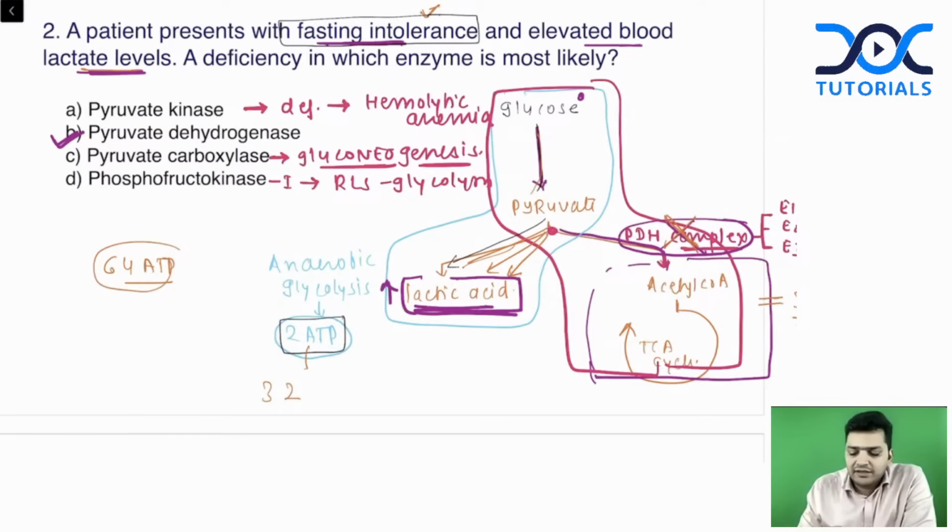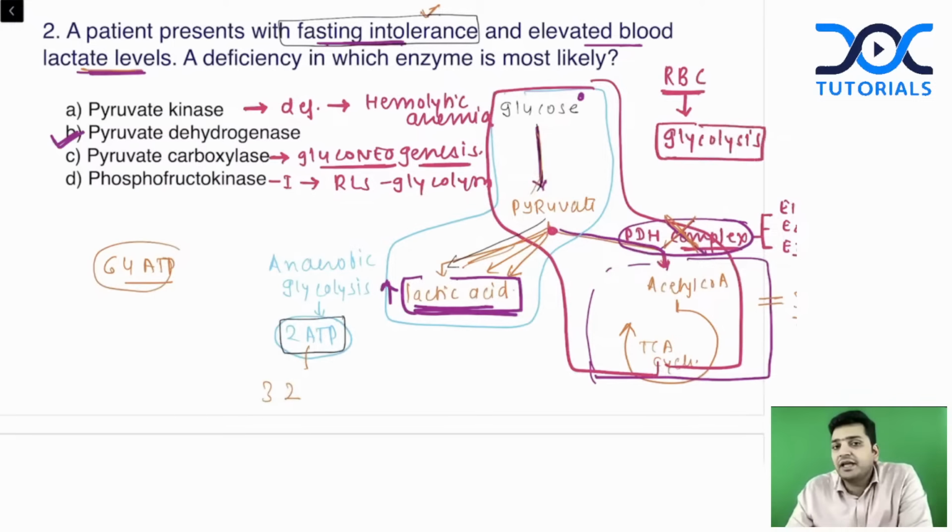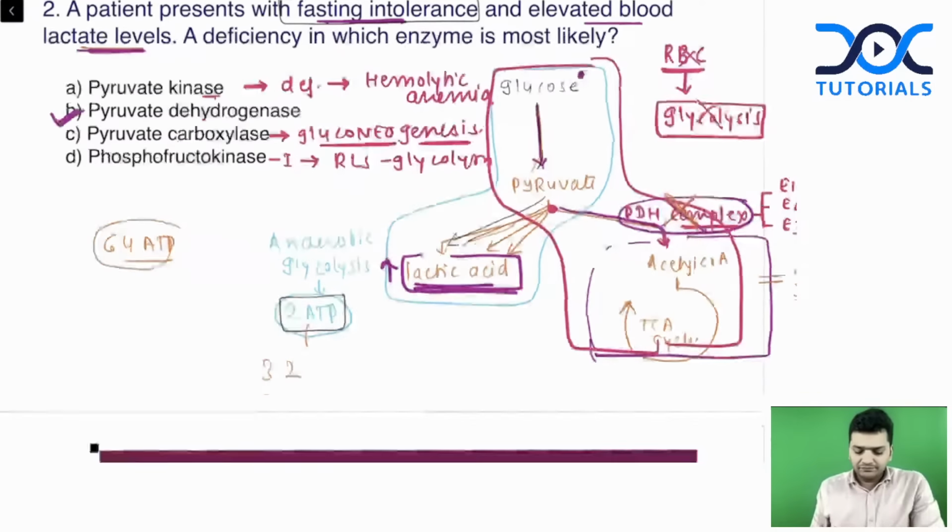And RBCs are purely dependent on the glycolysis for energy, because the only pathway which occurs in the cytoplasm and can generate energy is glycolysis. And if the glycolysis is not happening because this enzyme is not there, the RBC can't survive and will lead to hemolysis, and that is called pyruvate kinase deficiency, leading to hemolytic anemias.